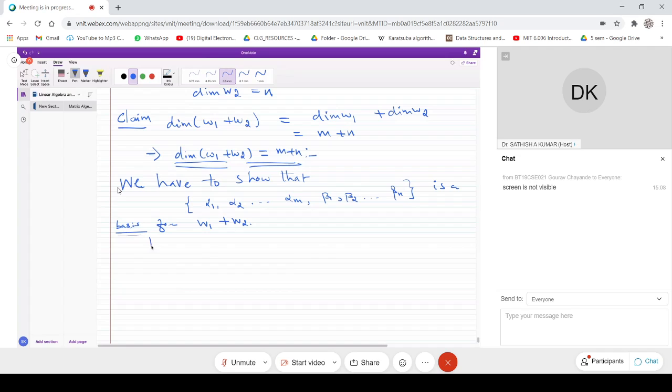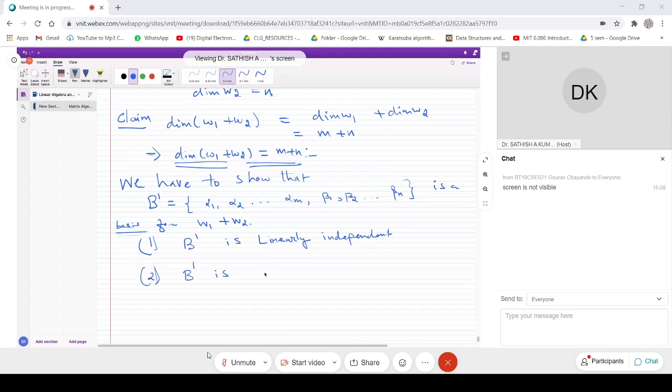Now we want to prove that it is a basis. Again, two things. Let us consider this set as some B prime. We have to show that B prime is linearly independent, and we have to show that B prime is a spanning set.